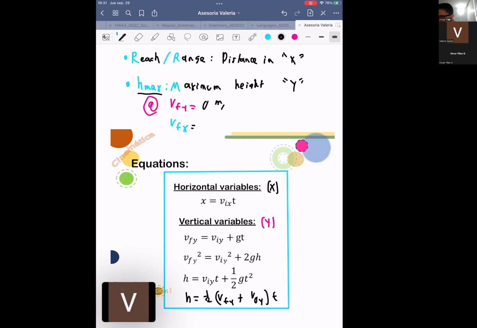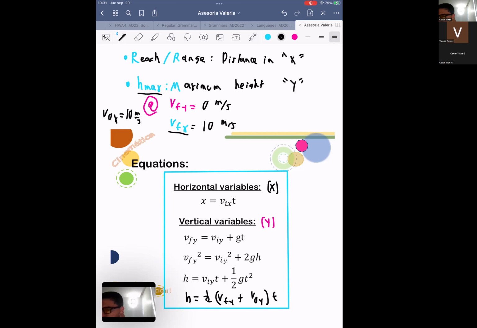Perfect. And for example, if we had V0x equal to 10 meters per second, what value are we going to have for VFX? 5? No, 10.